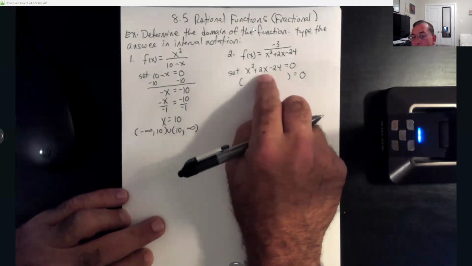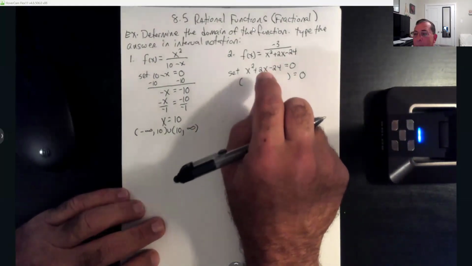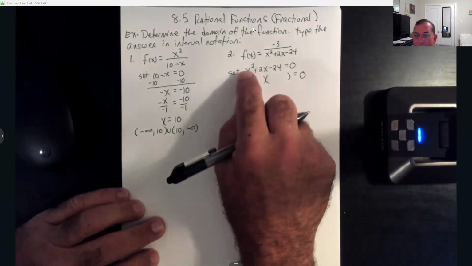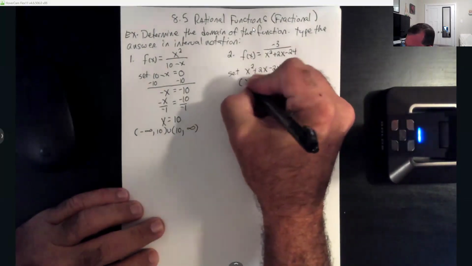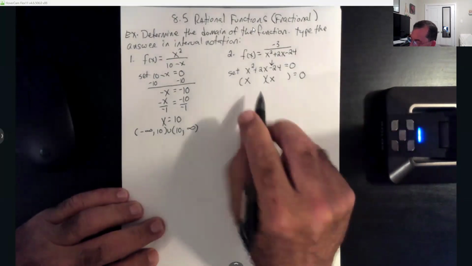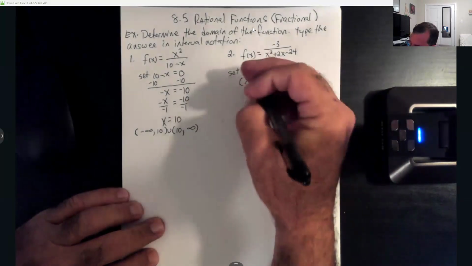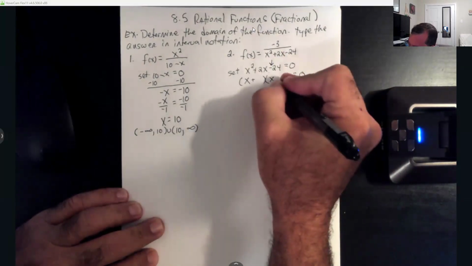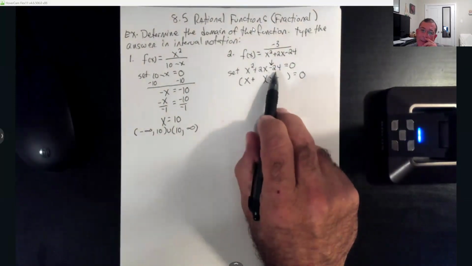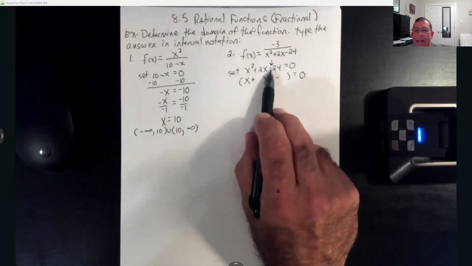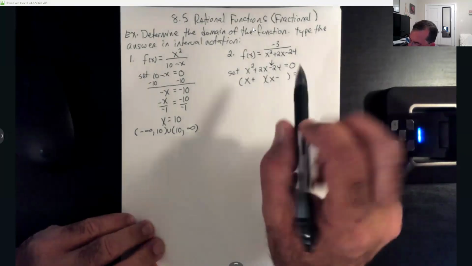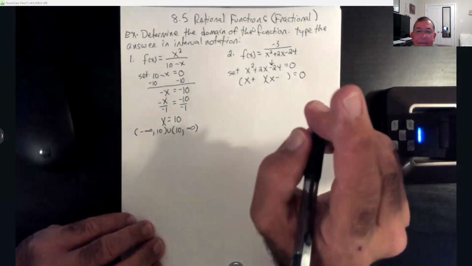Now, I will show you another way to get these two answers by graphing this. But they will factor. So x squared will be an x and an x. That last number is negative, so you're going to have unlike signs. And then I'm looking for factors of 24 that'll subtract and give me a 2. That'd be 6 and 4.